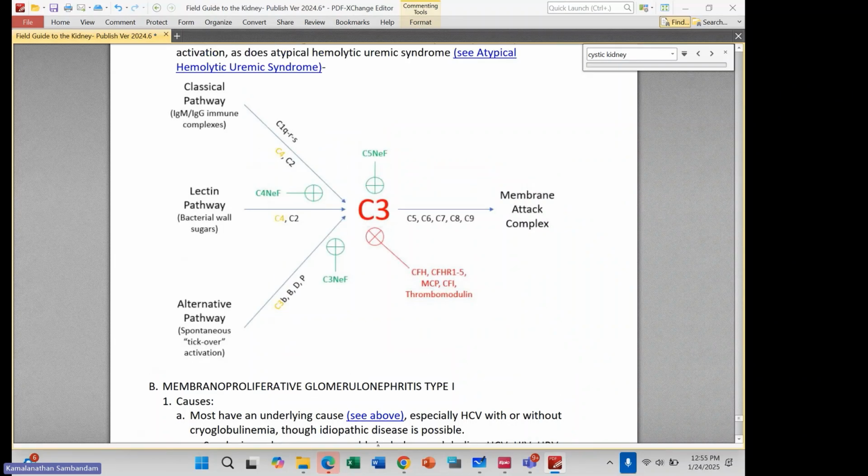All right, so then let's intuit what we may find based on what we know about some of these conditions. Notice that IgA is not effective at activating complement through the classical pathway. IgG and IgM are, IgA is not. So as you think about this, in IgA nephropathy, you have circulating immune complexes. It's primarily IgA. You have some IgG in those immune complexes, but it's mostly IgA.